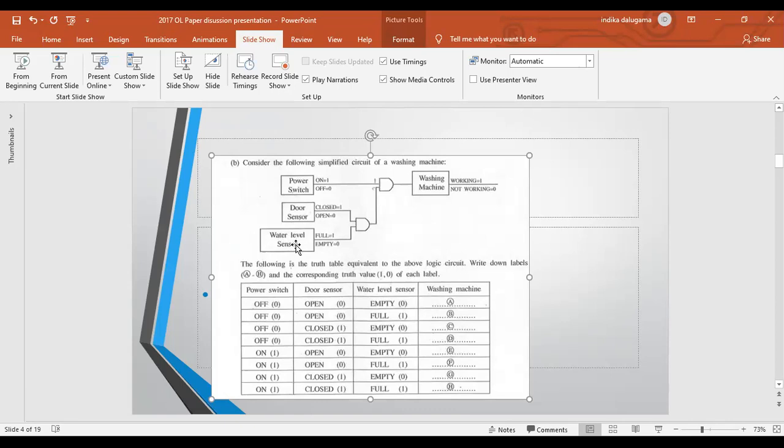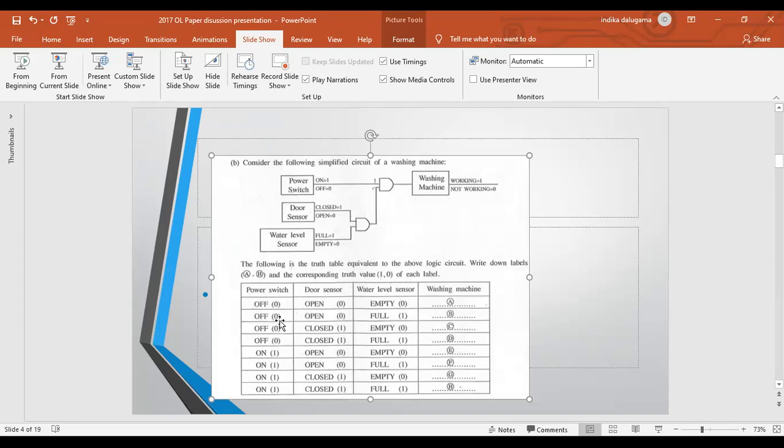Here what we have to do is fill this A to H. As we know, the first four is very easy. When the power switch is off, what happens? The washing machine will definitely not work.